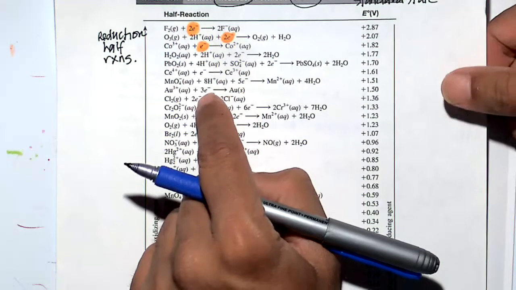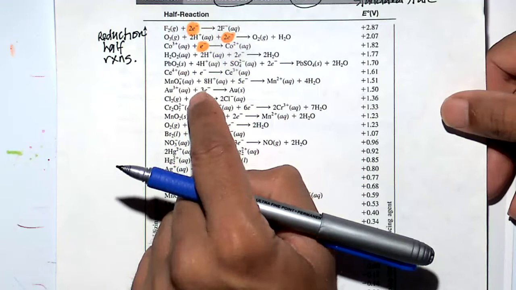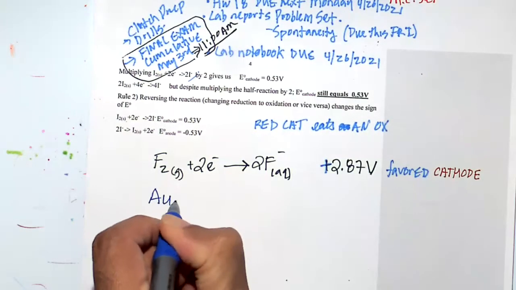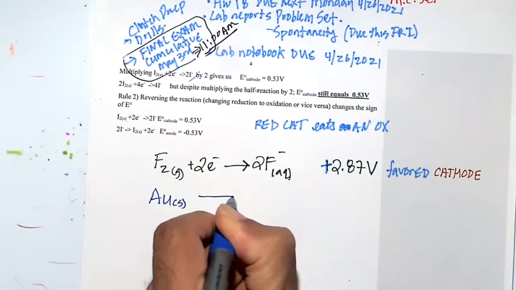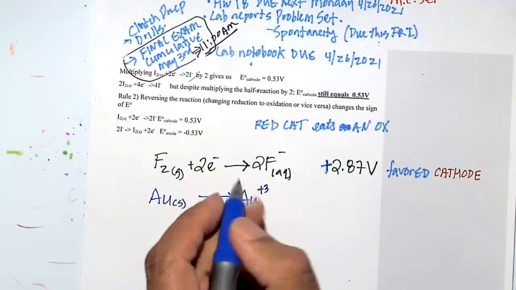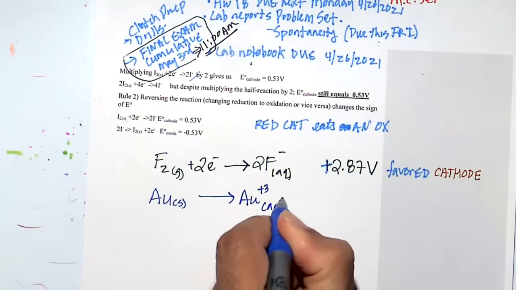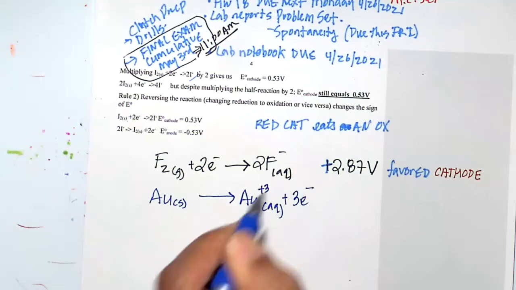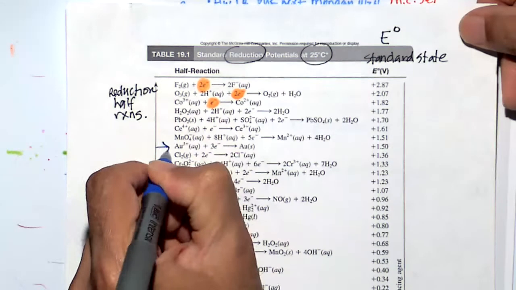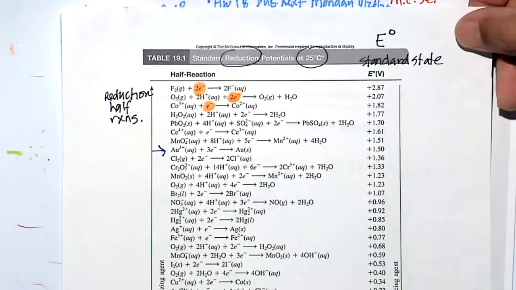Au solid is going to go to Au plus 3 and 3 electrons. I'm taking another reaction, this one here with my blue arrow.